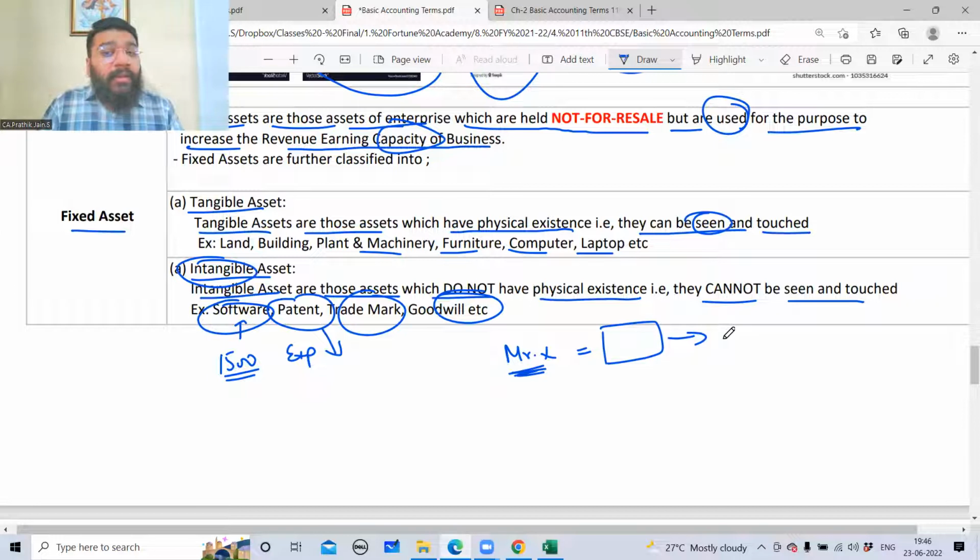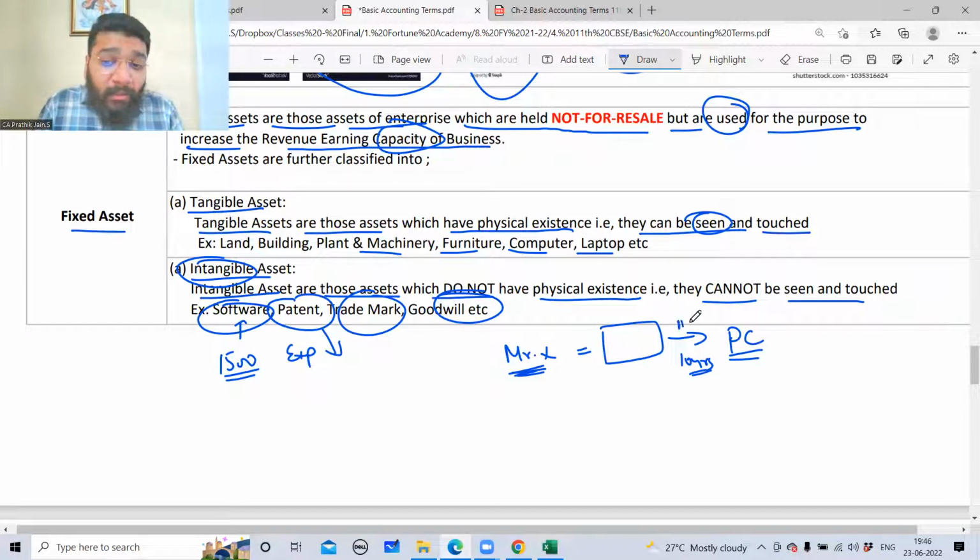So now Mr. X will give that patent temporarily to the pharmaceutical company. Let's suppose they give the rights for 10 years. The pharmaceutical company, say Cipla or Dr. Reddy's Laboratories, these are pharmaceutical companies. When they get this patent from Mr. X, will they get it free of cost? They have to pay several crores of rupees.